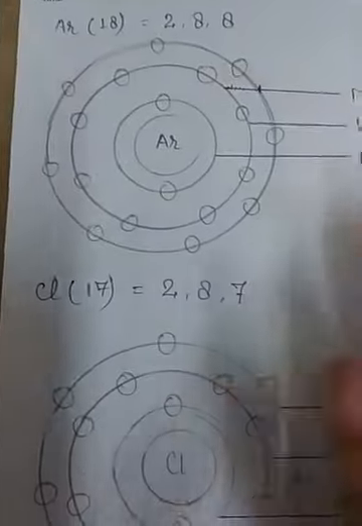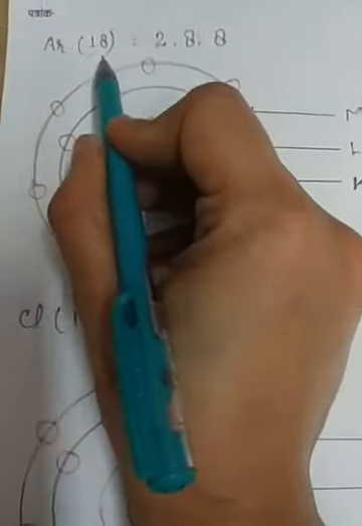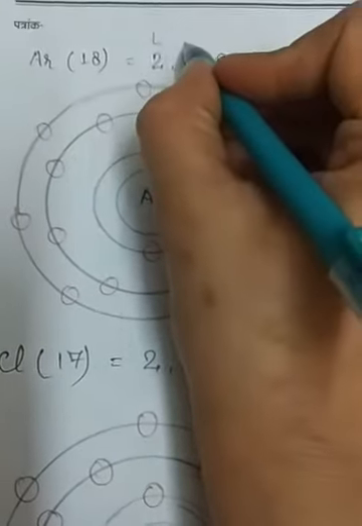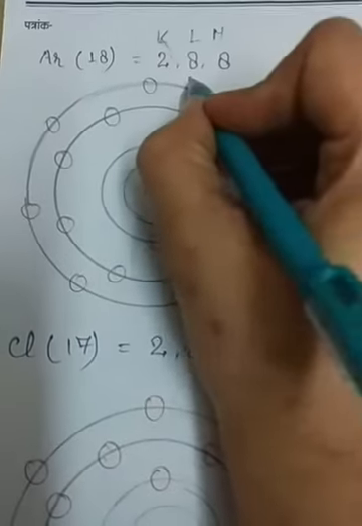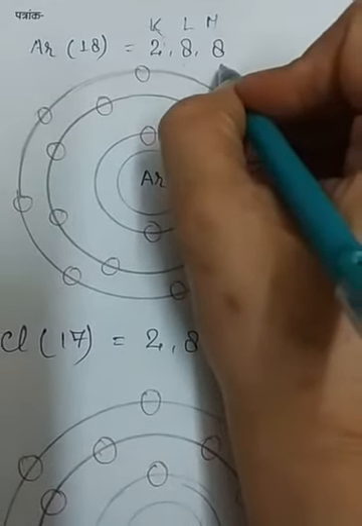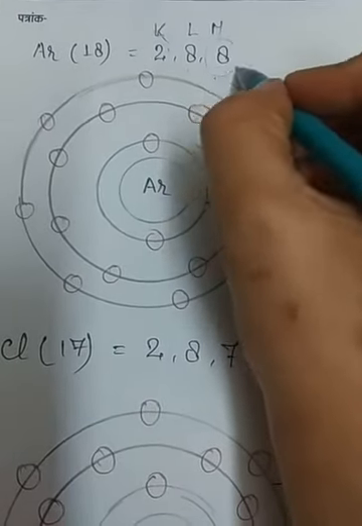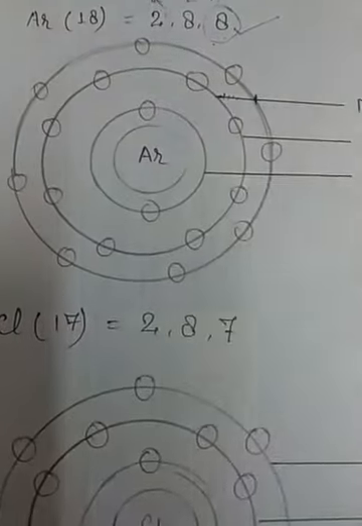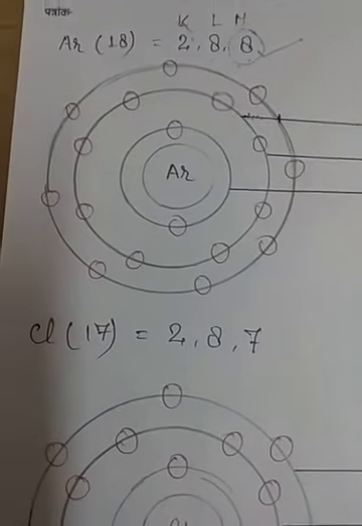Okay. Now let's take another example. Argon, whose atomic number is 18 and configuration is 2, 8, 8. We are following all the rules. K, L, M. First shell 2 electrons, second 8 electrons, in the M shell 8 electrons. Now what you are seeing here is that it has 8 electrons in its outermost shell. So argon does not need to donate or accept electrons to attain stability, because it is already stable.